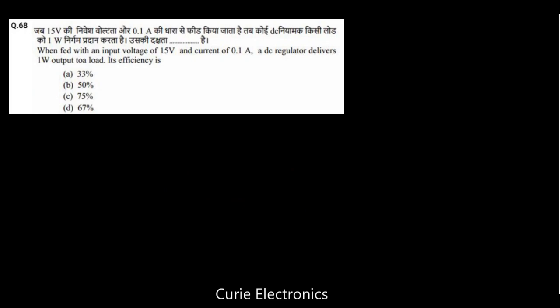Question number 68. When fed with an input voltage of 15 volt and current of 0.1 amp, the DC regulator delivers 1 watt output to a load. Its efficiency? What is efficiency equal to? Power output upon power input. What is P output?